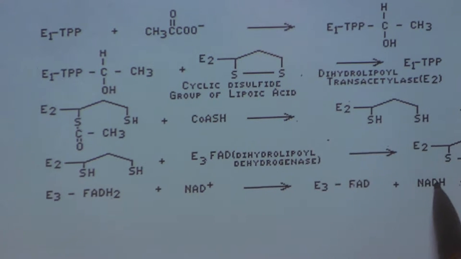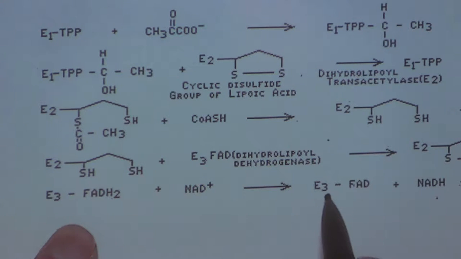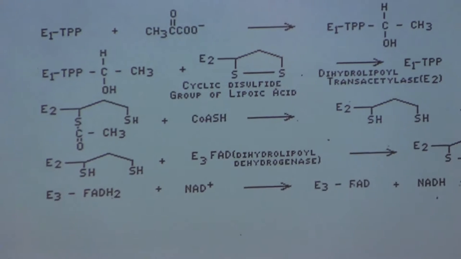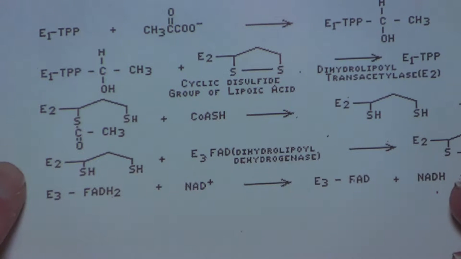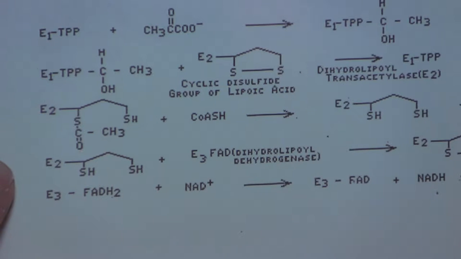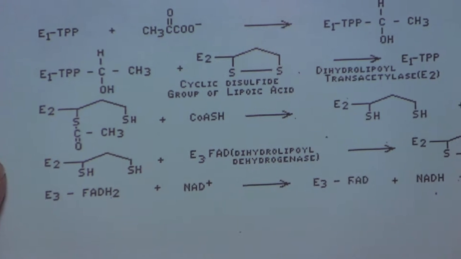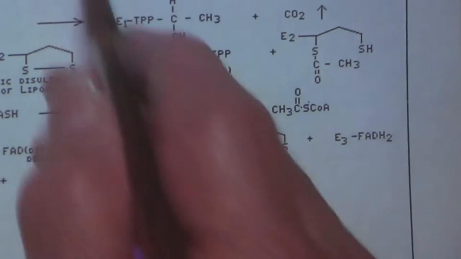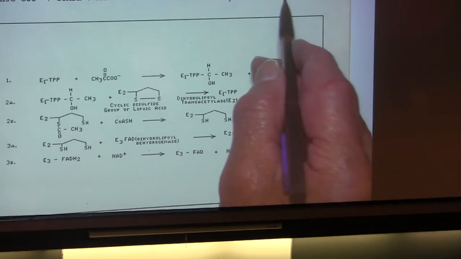You make NADH and you regenerate these three. So when you add this all up, what's happened? We have made CO2. We have made acetyl-CoA. And we have made NADH, which is what's happening in the overall reaction. Right? We made acetyl-CoA, NADH, proton, and CO2.